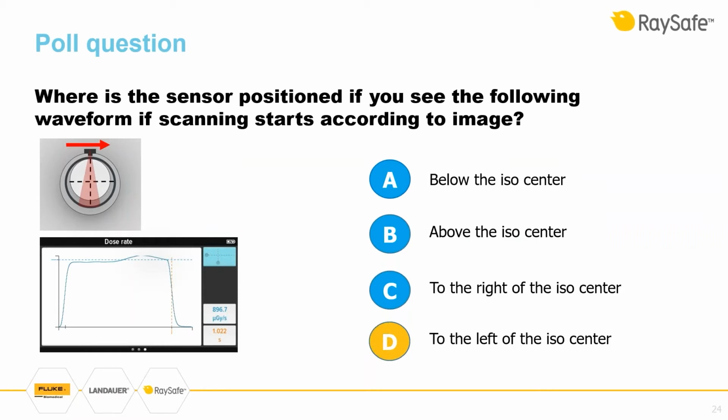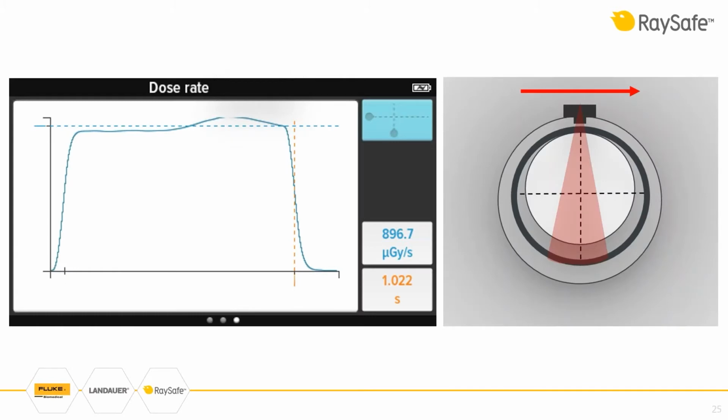And I wonder, Matthias, if you are able to elaborate a little bit more to explain why D is the correct answer. Yes, I can do that. Could you please put up the next slide? Exactly. So here in this picture, it's really all about distance to the X-ray tube. In this case, we see that there is a maximum.